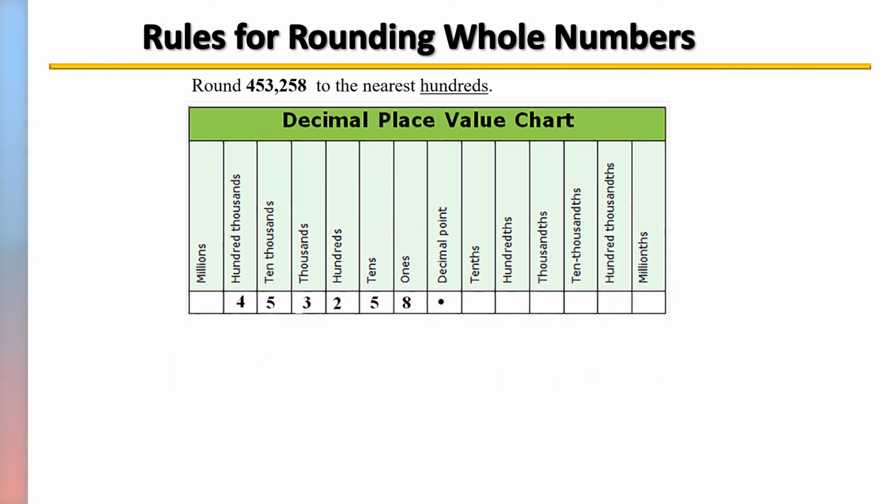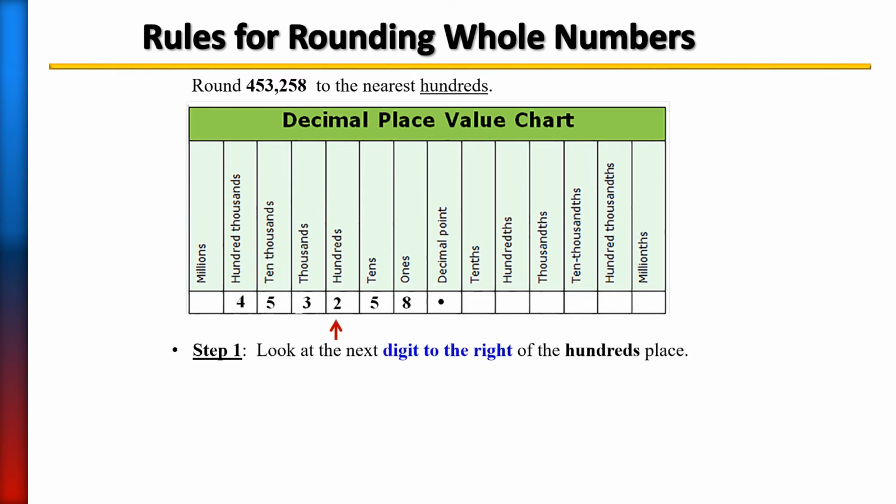In this next example, we're asked to round 453,258 to the nearest hundreds place. On our place value chart, our hundreds place is where the 2 is. So we're going to look to the right of that, which is where the 5 is located.